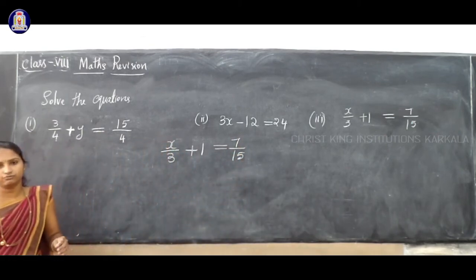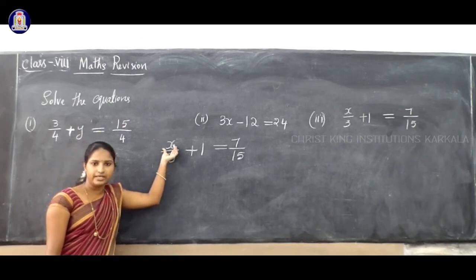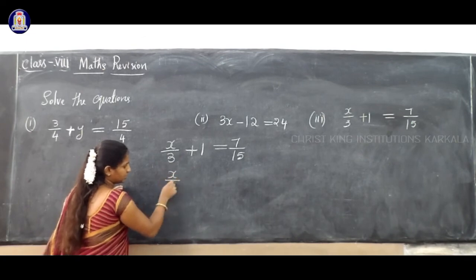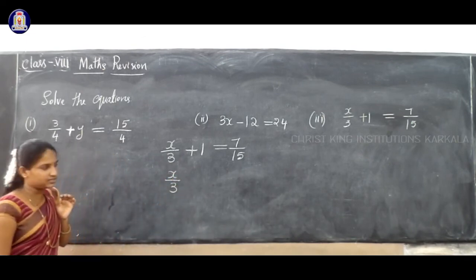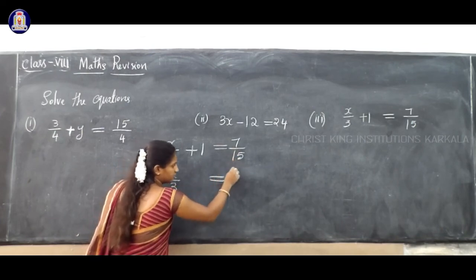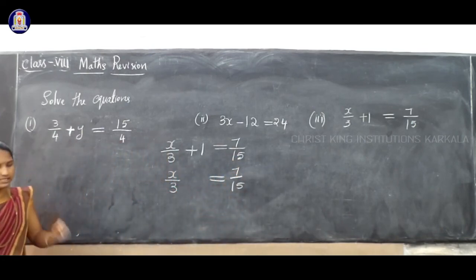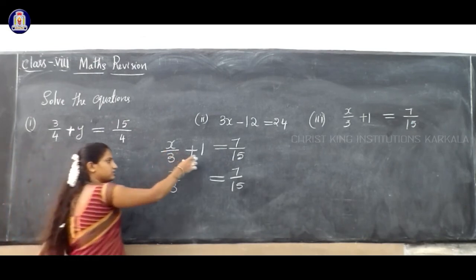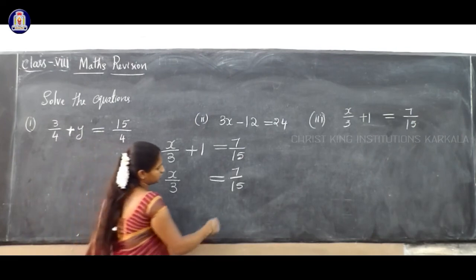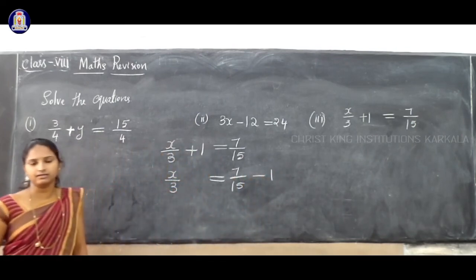In this question the variable is x. x by 3 means it is a variable, so write x by 3 as it is on the left hand side, and the equal symbol as it is. The term here is 7 by 15, write it as it is. Just this plus 1 will go to the right hand side, so the plus sign will change into minus. So 7 by 15 minus 1.